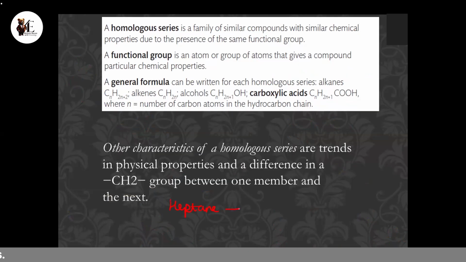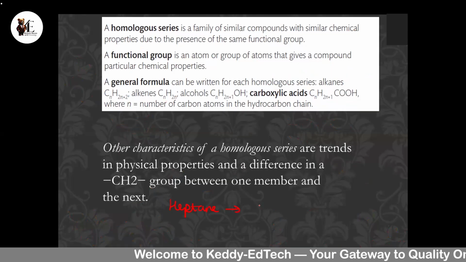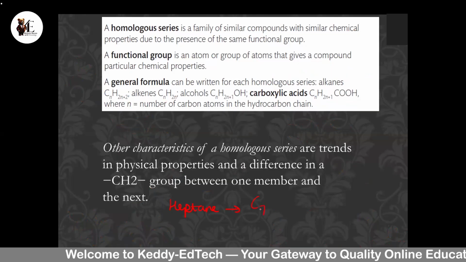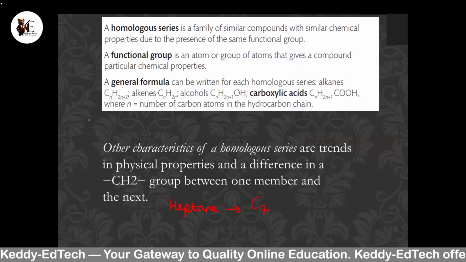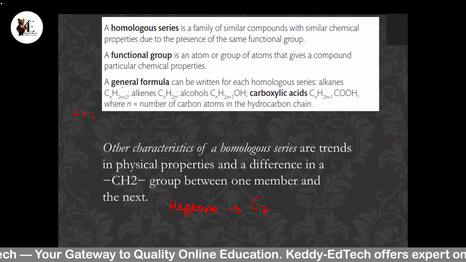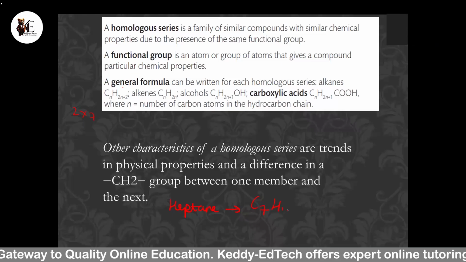What is the general formula of heptane? It's C7H14? H2 into 7 plus 2, what is 2 into 7 plus 2? It is 16. C7H16.